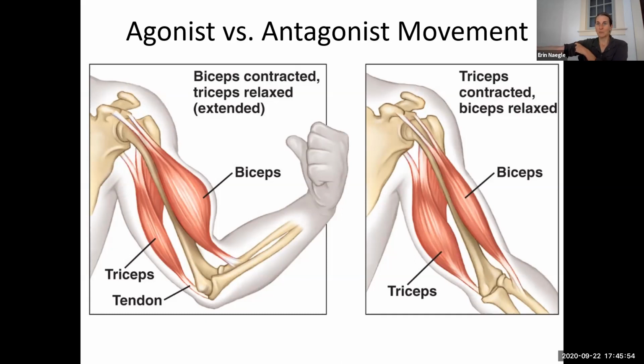So in this case, when I flex my elbow, this is the agonist. My triceps is the antagonist. When I extend my elbow, now it's flipped. Now my triceps is the agonist and my bicep is the antagonist. So these are often referred to as antagonistic pairs of muscles. Flexion, extension.